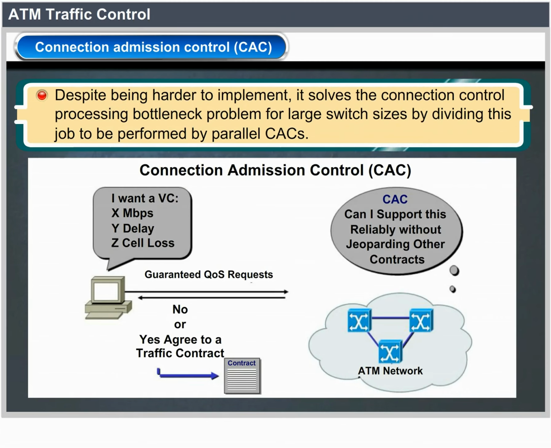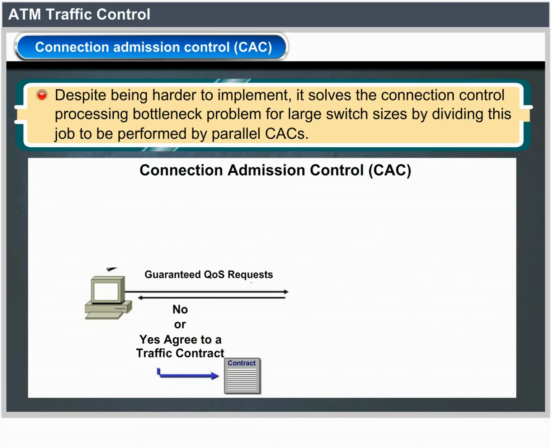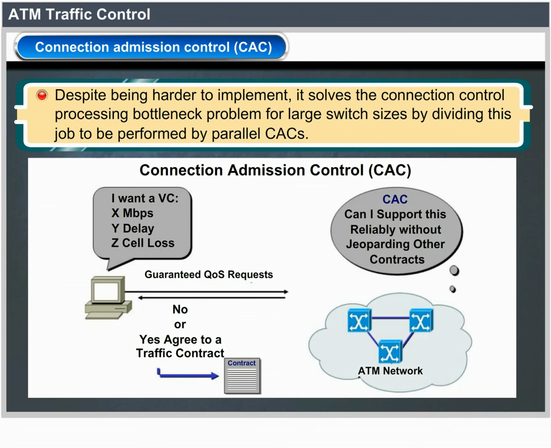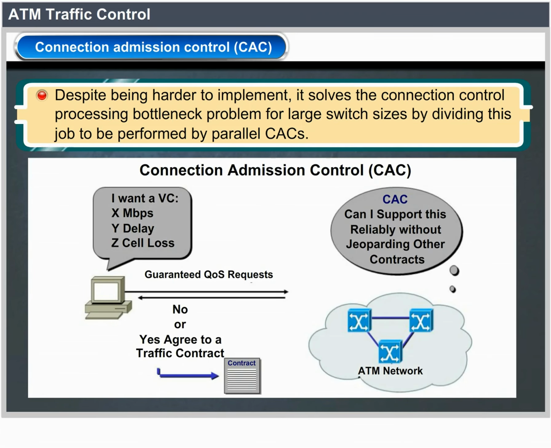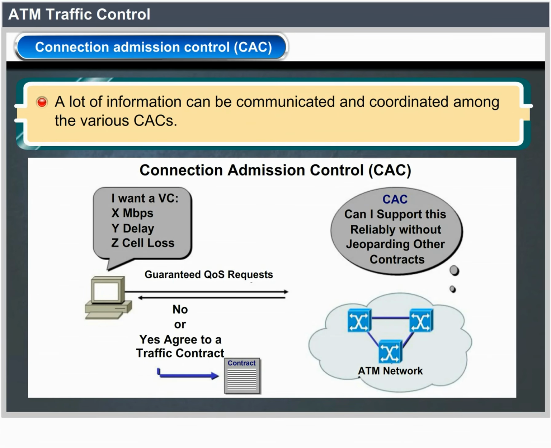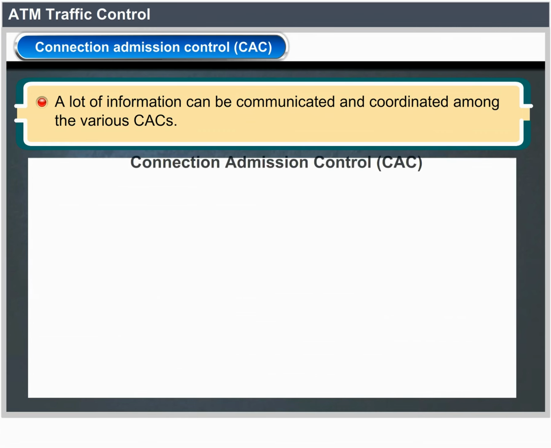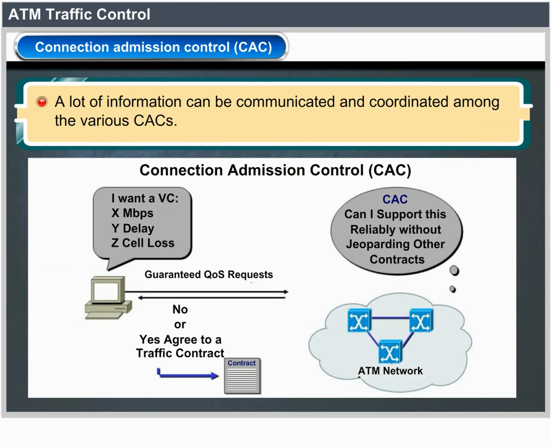This is much harder to implement but solves the connection control processing bottleneck problem for large switch sizes by dividing this job to be performed by parallel CACs. A lot of information must be communicated and coordinated among the various CACs.